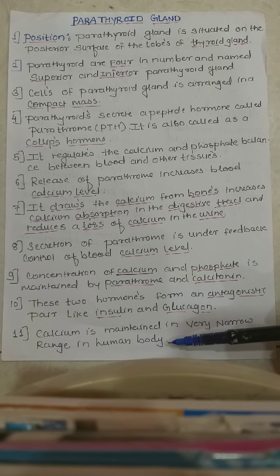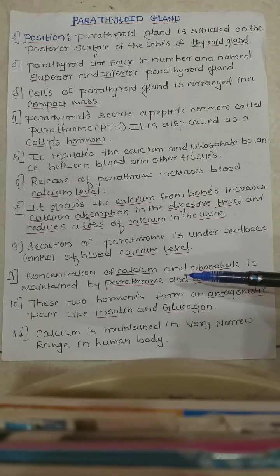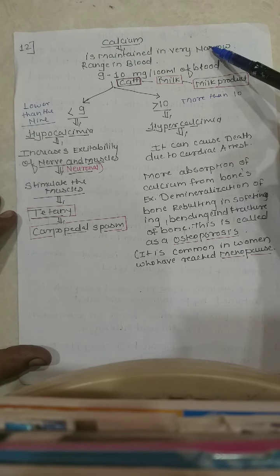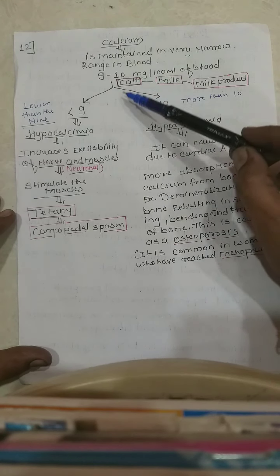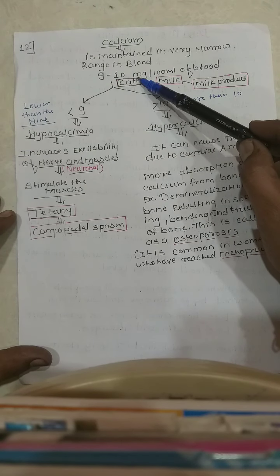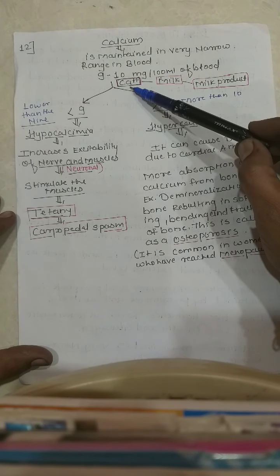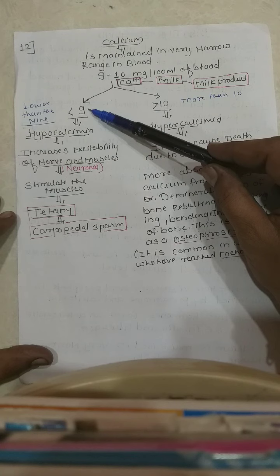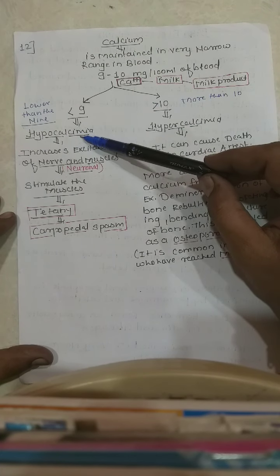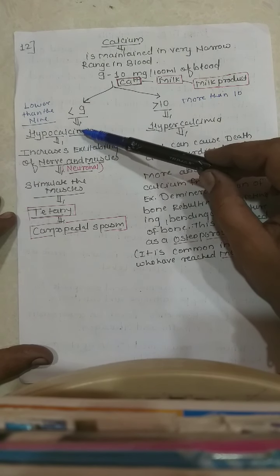Calcium is maintained in a very narrow range in the human body, about 9 to 10 milligram per 100 ml of blood. If it is lower than 9, that is known as hypocalcemia, meaning a low amount of calcium in the blood.